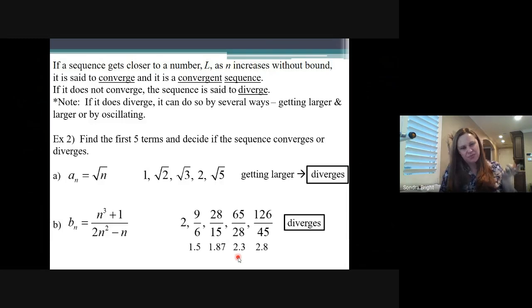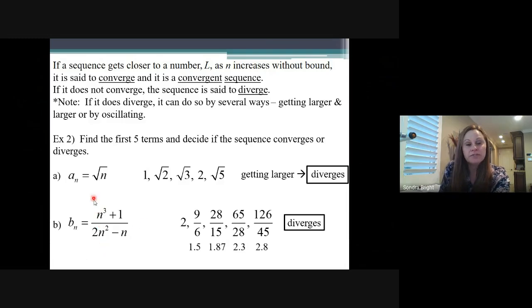So back to what I said about degree on top bigger than the degree on the bottom. If you remember your horizontal asymptote rules, when the degree on top was bigger than the degree on the bottom, there was no horizontal asymptote, meaning there's no limit as n goes to infinity. So horizontal asymptote rules still match up with what this is too.